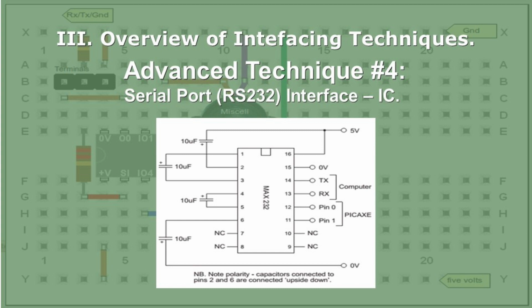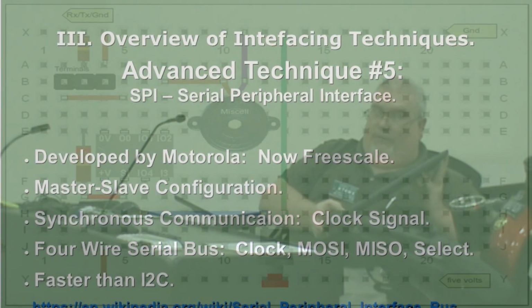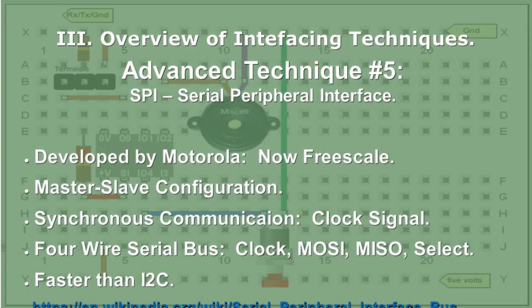And you've got the various 10 microfarad caps. One of them probably cleans the power supply, and the other is for functions required by the RS-232 transceiver IC. But it makes interfacing RS-232 essentially easy. This is a very common technique, because the RS-232 port is still around. It's around in microcontrollers anyway.